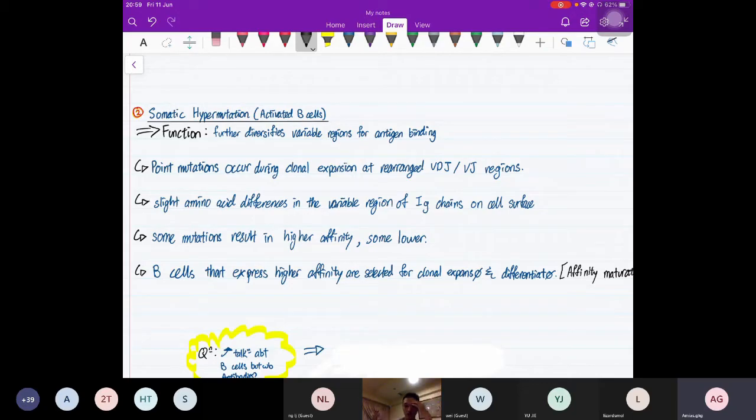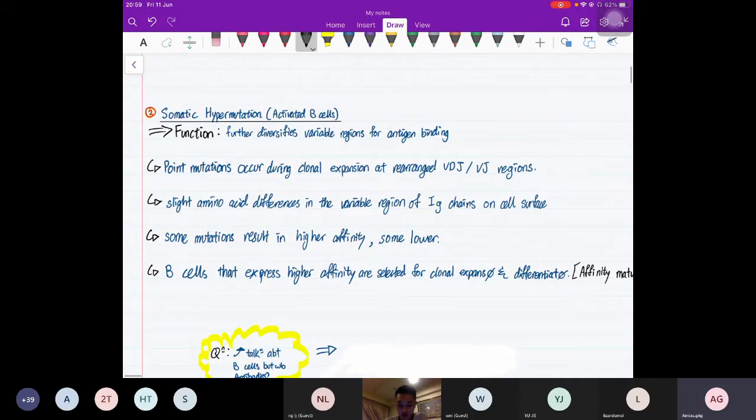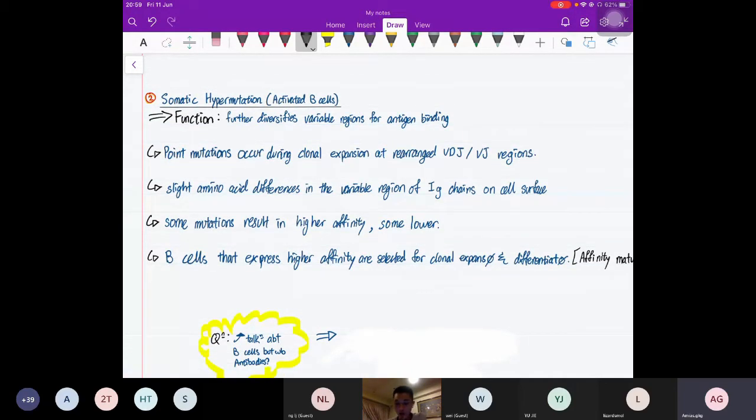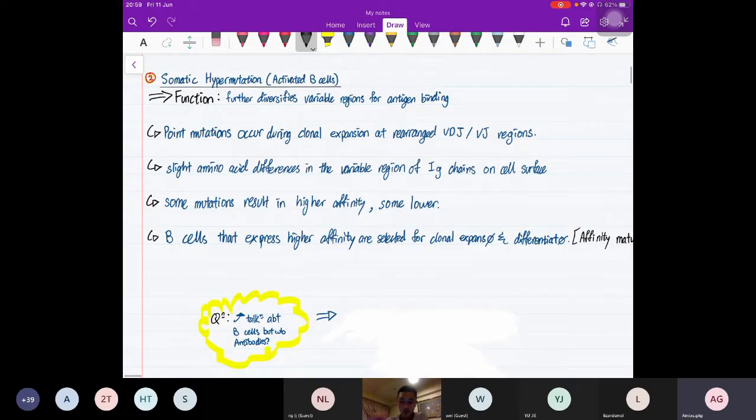How this happens is, it's a bunch of point mutations. Your point mutations occur during your clonal expansion, or in other schools, during your mitosis, at your rearranged VDJ or your rearranged VJ regions. Because we learn in DNA genomics, point mutations in your DNA can code for, not will code for, but can code for different amino acids.